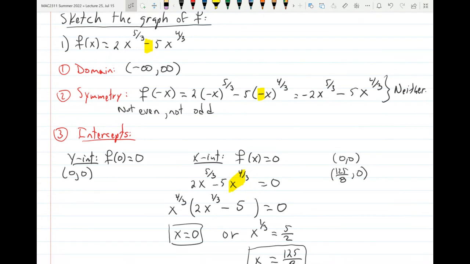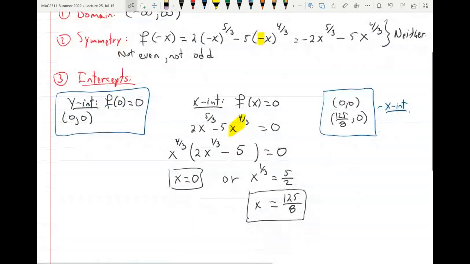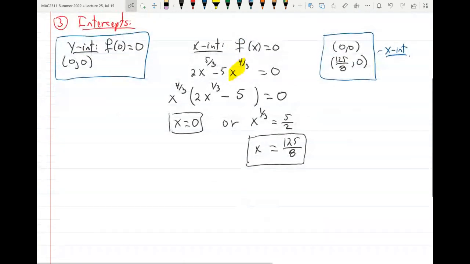Okay, so for now, so I don't lose them later, I'm going to use blue for those points. So my y-intercept, so I can easily spot the points that I need. These are my x-intercepts. Okay, so later I can find them, my blue boxes. Okay, so we have this.